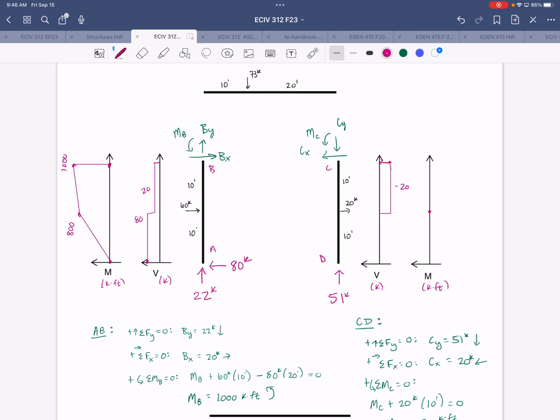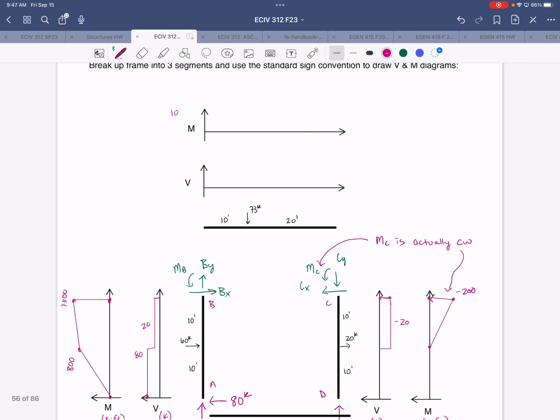It's going to be 0 until we get to the applied load, and then it's going to increase in magnitude in the negative direction linearly to negative 200. And then this moment, the clockwise moment at C, is going to cause a positive step in the moment diagram. All right, so we close to 0.